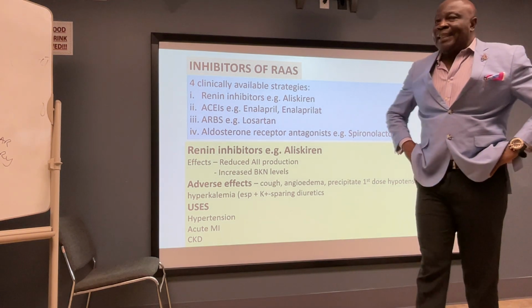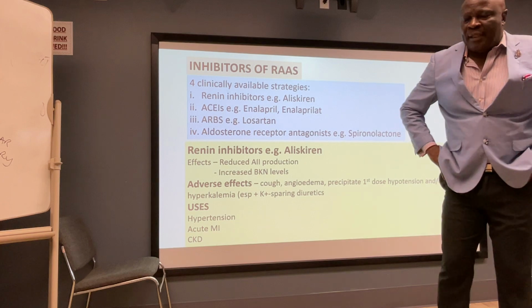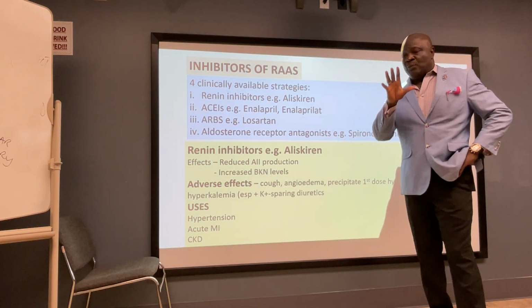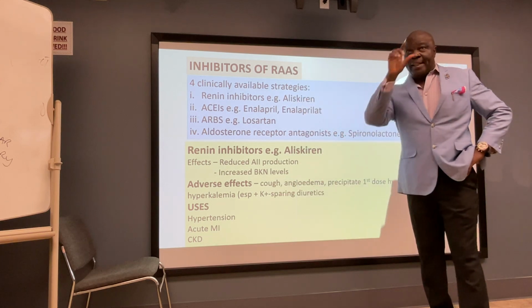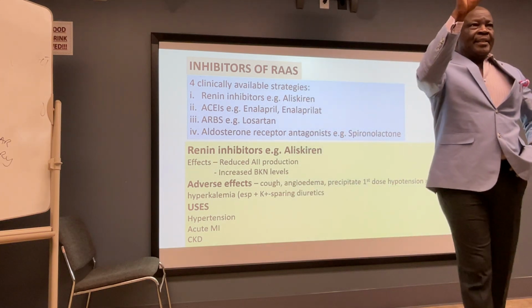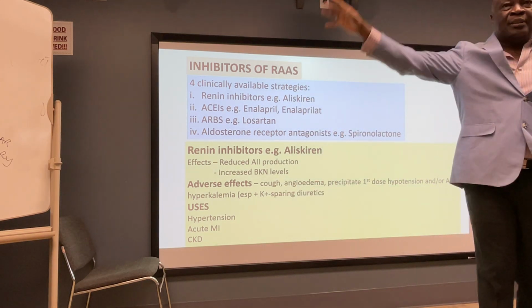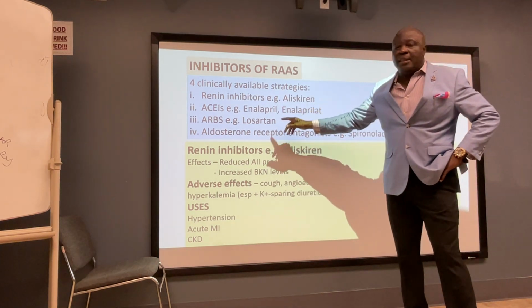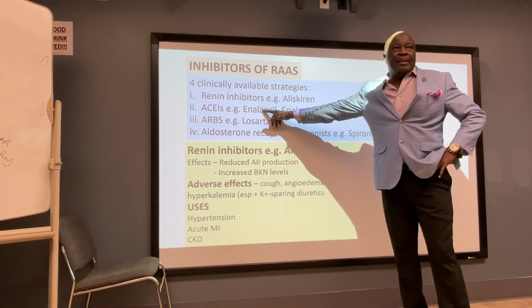And when you want to inhibit the renin-aldosterone system, you can attack it in different ways. One, you can start with the renin itself. Renin is the enzyme that converts the angiotensinogen to angiotensin 1, and then angiotensin 1 converted to angiotensin 2, you hit it with the ACE inhibitors.